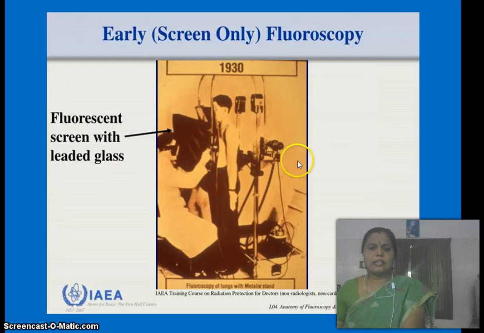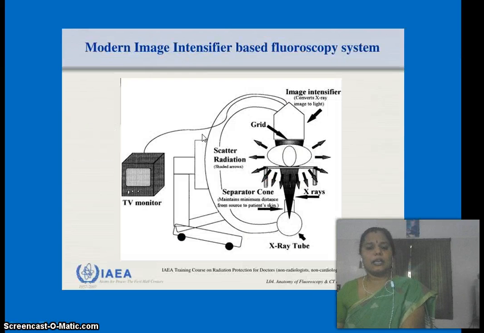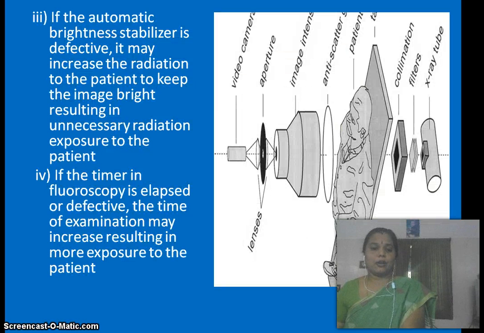So this is an example of early fluoroscopy, where there is no shielding, where the technician wears only lead glass, and the patient is evaluated with the help of the fluoroscopic screen to record the images. And this is the modern image intensifier fluoroscopic system, where right now the real-time images are being recorded.